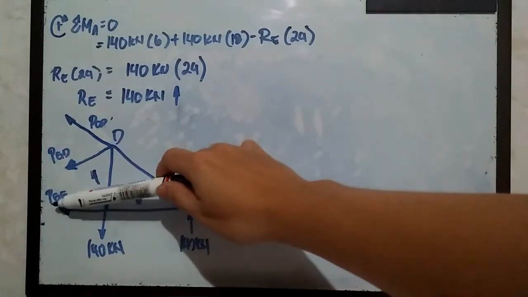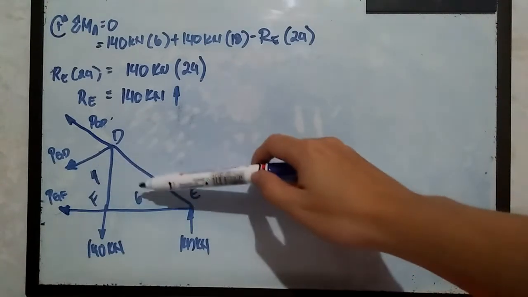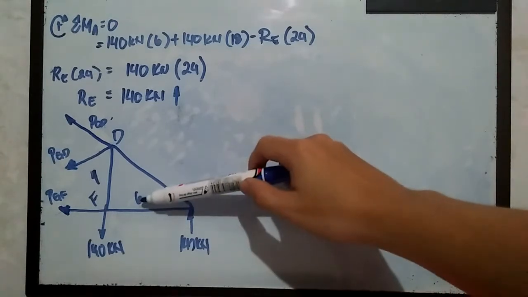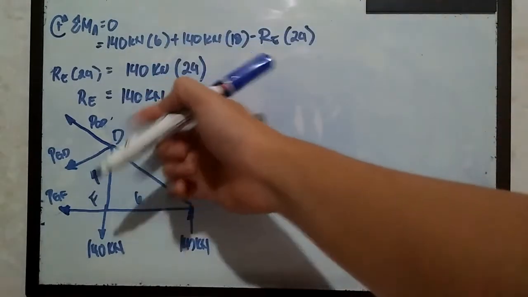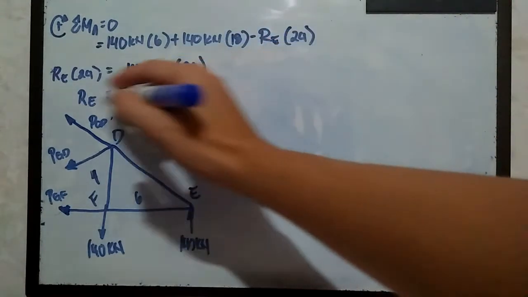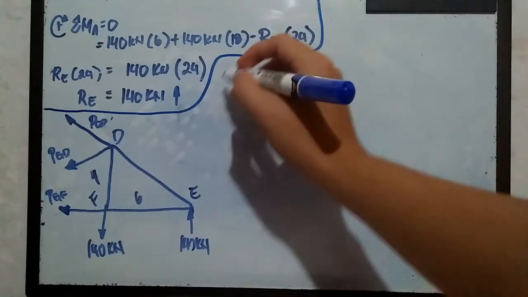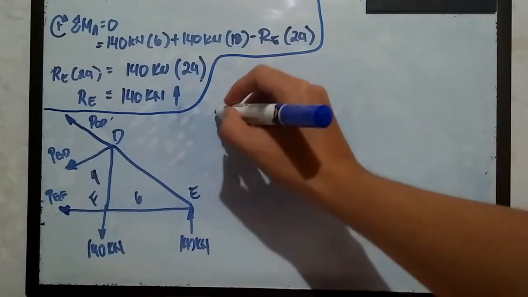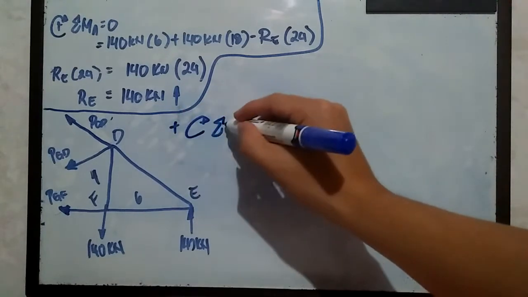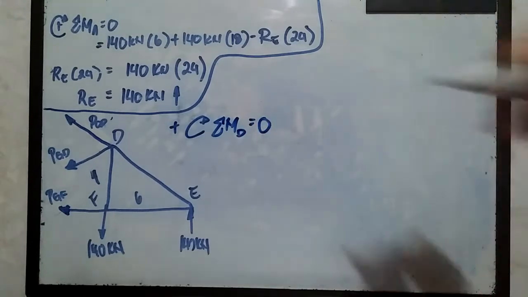So for P sub GF, 4 is the perpendicular distance, and for the 140 kilonewtons acting here at point E, it is 6 meters. I'm going to use my summation of moments at point D, with clockwise rotation as positive. Summation of moments at point D is equal to 0.